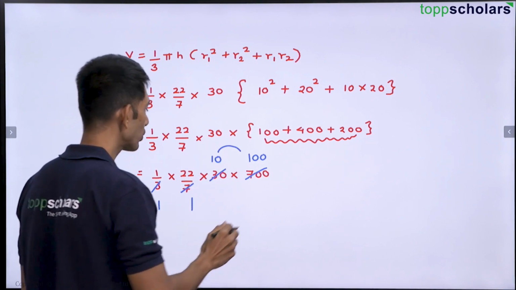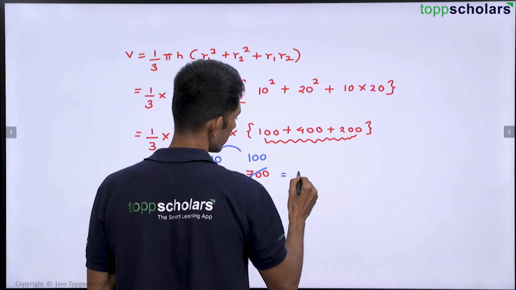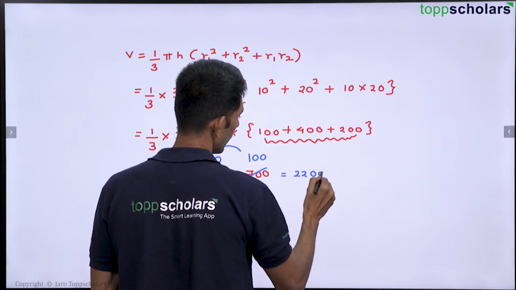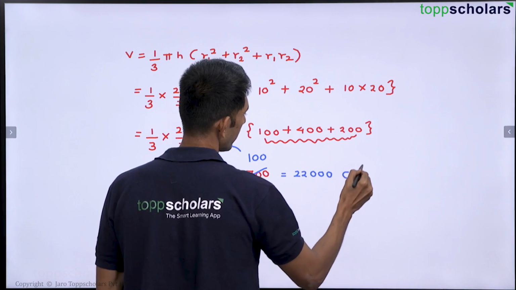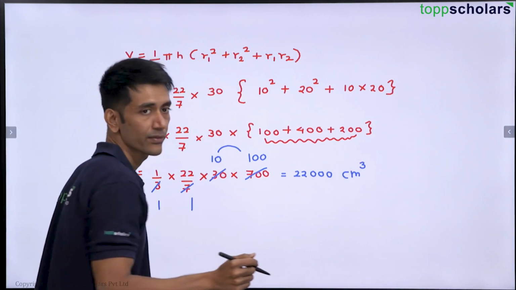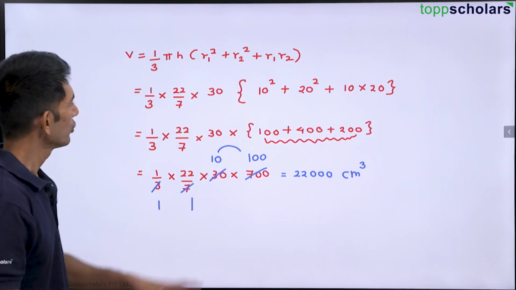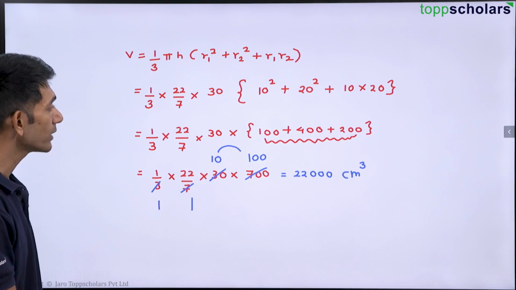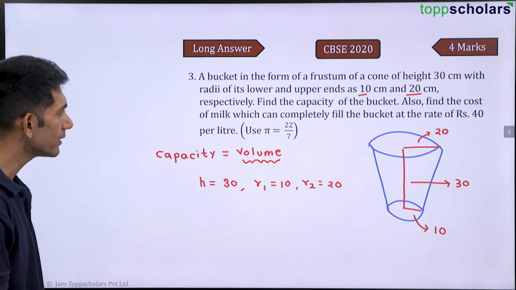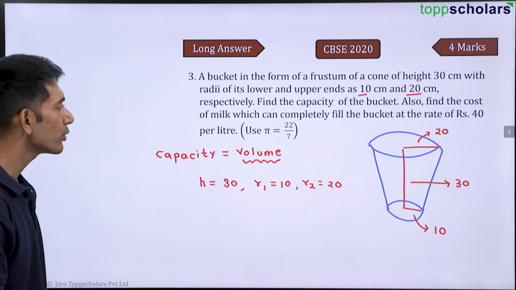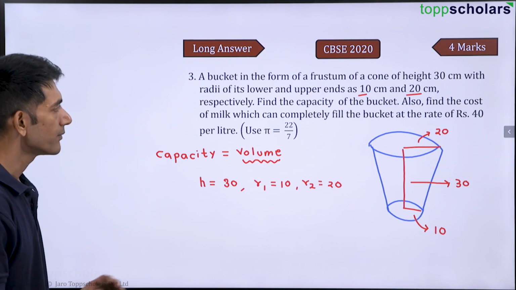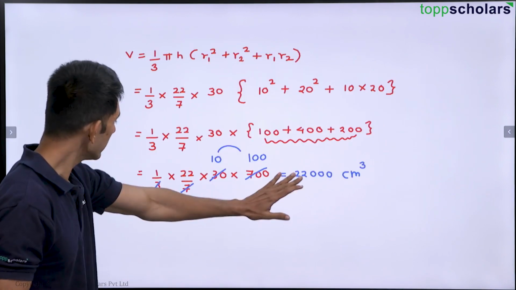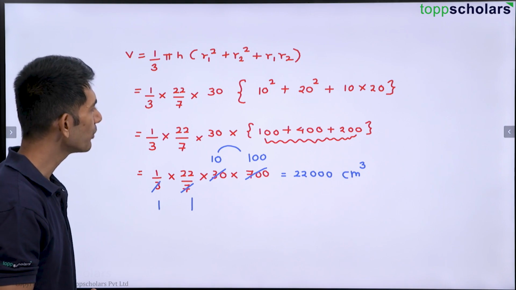So this becomes 22,000 centimeter cube, correct? So 22,000 centimeter cube is the volume. Now we are also supposed to find out the capacity, right? So here the capacity of the bucket is 22,000 cubic centimeter. So we have already found out the capacity.